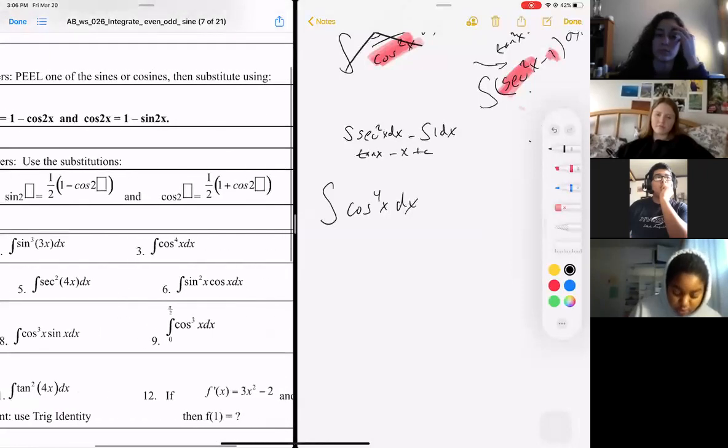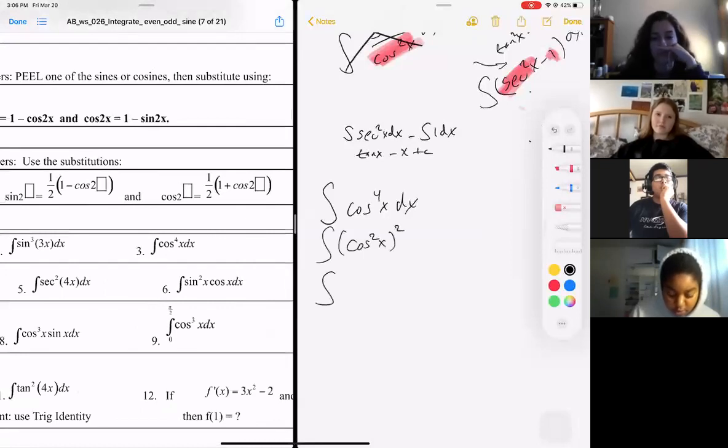Cosine squared x squared becomes 1 plus cosine 2x over 2, squared. You multiply that out, and you end up with another square. And you do power reducing again.